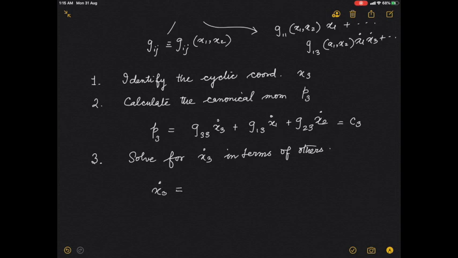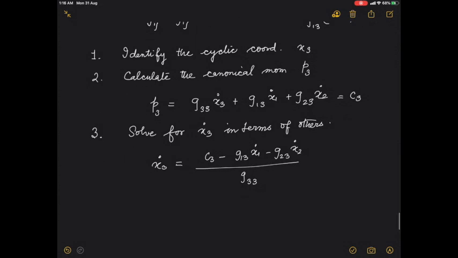So x3 dot in this particular case will just become C3 minus g13 x1 dot minus g23 x2 dot, divided by g33, right? So you may ask the question, what happens if g33 is 0? Okay, so think about it. What happens if g33 is 0?